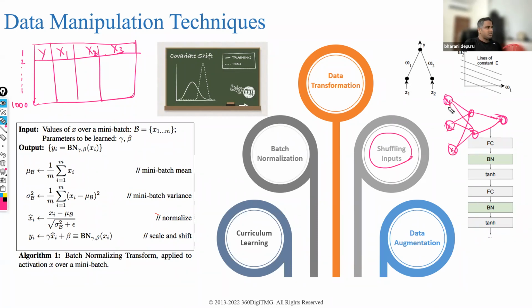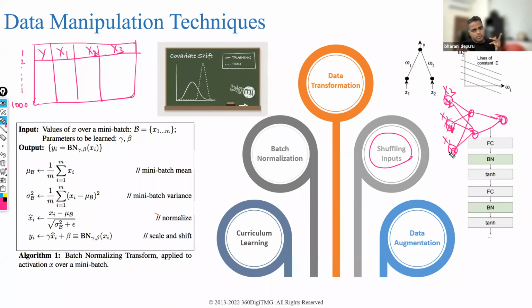Next time, this neuron sends x2 here, x1 to this, and x3. Next, you send x3 here, x2 here, x1 here. Shuffle your inputs in that way.